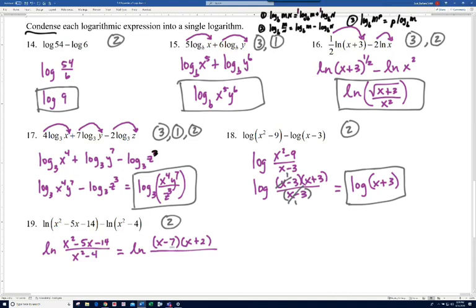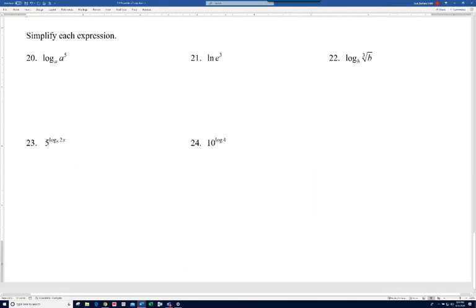Because negative 7 times 2 is negative 14, and negative 7 plus 2 is negative 5. In the denominator, we'll get x minus 2 times x plus 2. Our x plus 2's cancel, and so we end up with the natural log of x minus 7 over x minus 2. All right, let's move on.